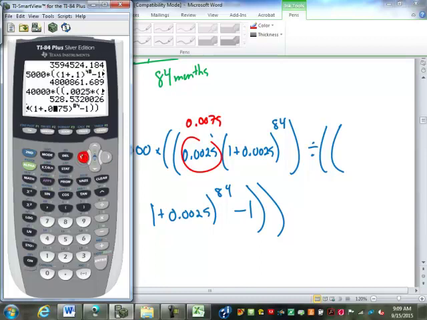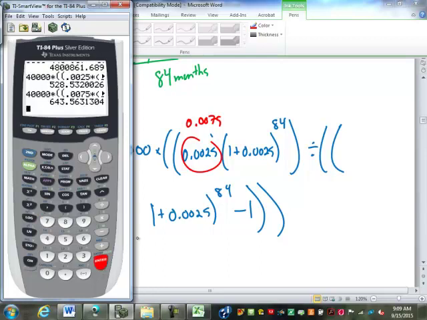So all those are going to be changed to 0.75. Anybody want to guess? From 530 up to 645. So it's over $100 a month difference. They talk about credit ratings and credit scores and stuff like that. That's one of the places where it makes a huge difference.